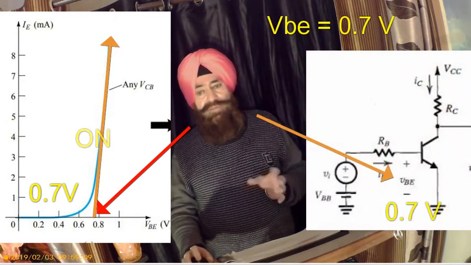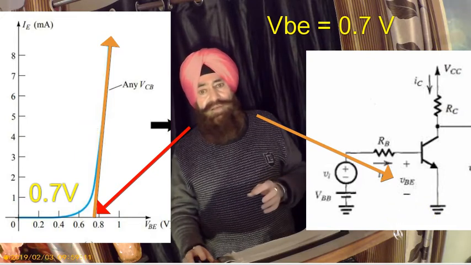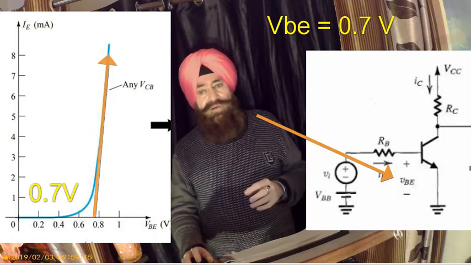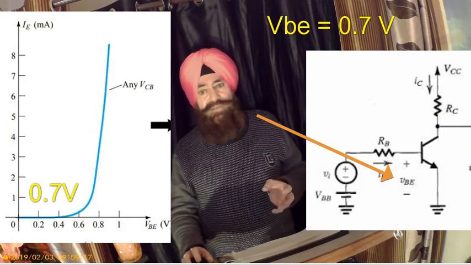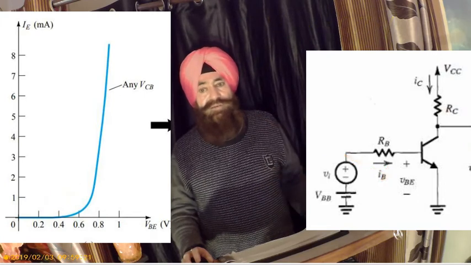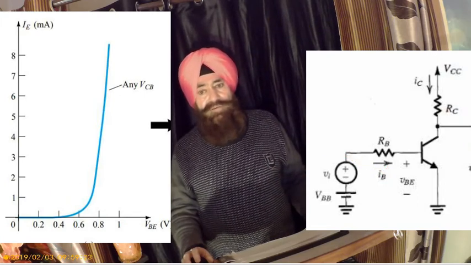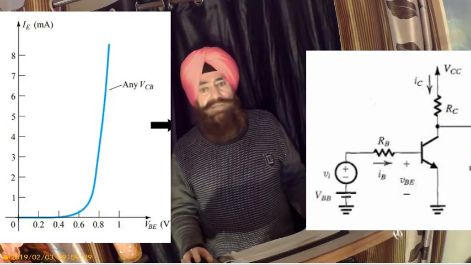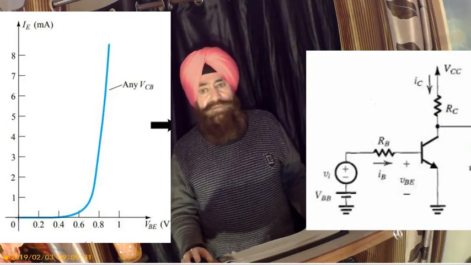It is quite close to 0.7 as the emitter current is increasing, but in the analysis it is taken as 0.7. Then the transistor is said to be in the active region, meaning it is working.